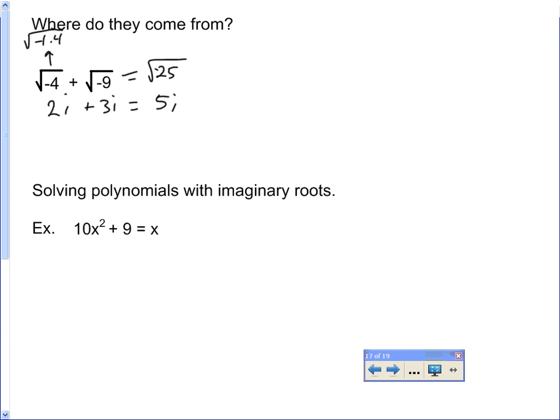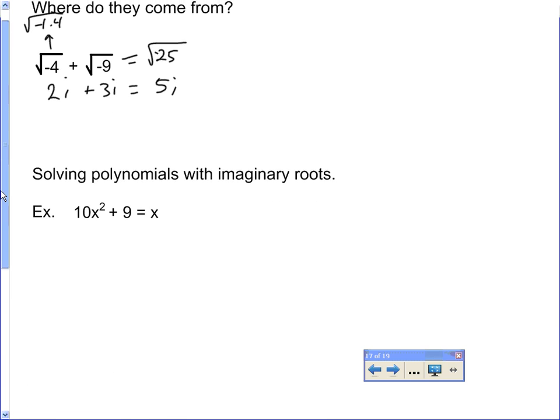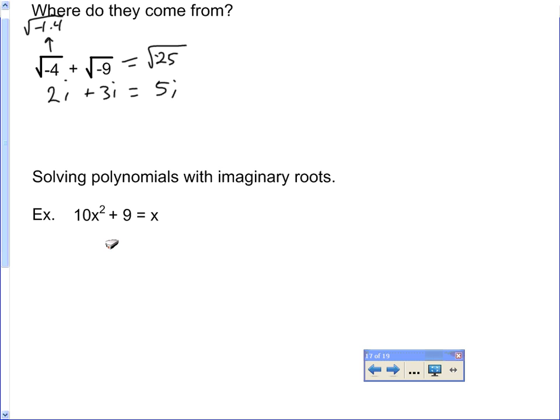So now we can solve our polynomials if they have imaginary roots. So if I've got this expression, this is quadratic, so I need everything on one side. So I'm going to subtract that x over. This is not factorable, so I'm going to either complete the square or use the quadratic formula.